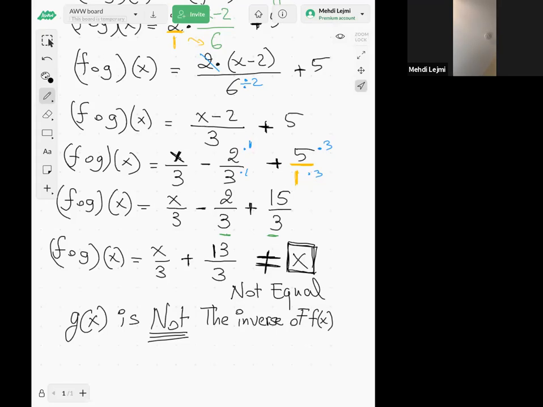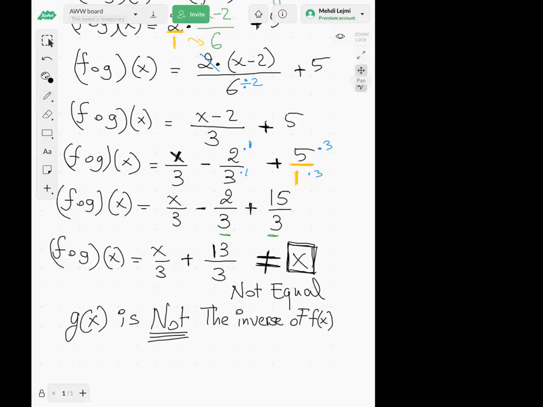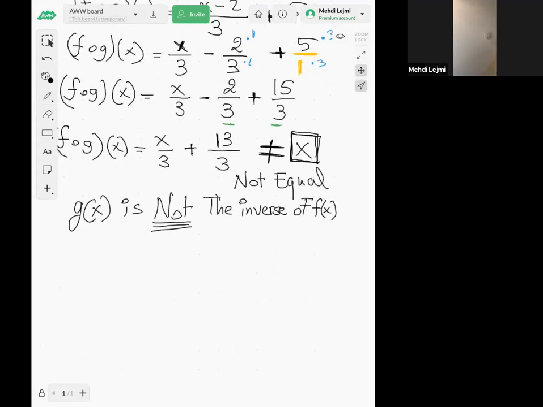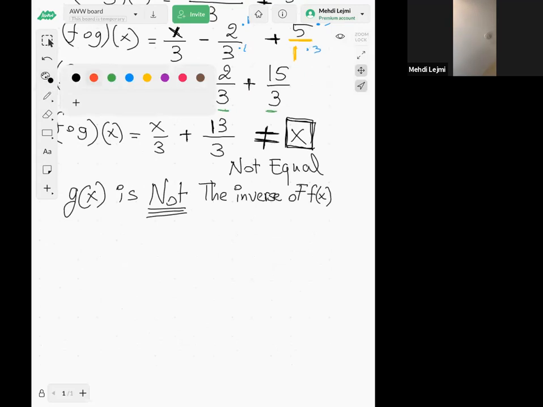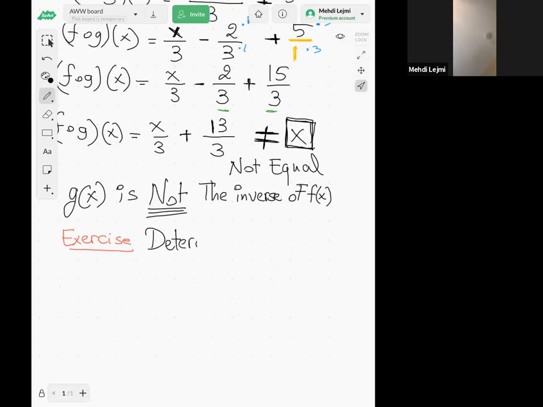Right. So, exercise here. You have to determine, guys, whether g is the inverse of f. Determine if g of x is the inverse of f of x.